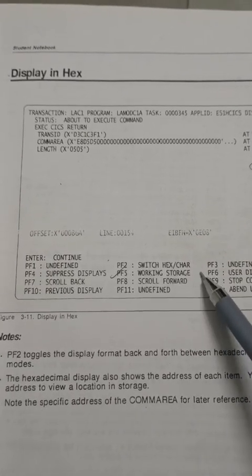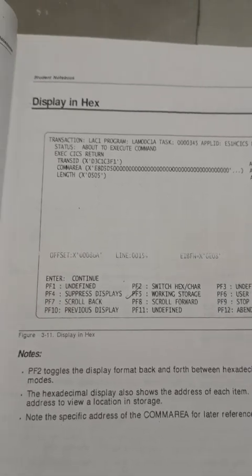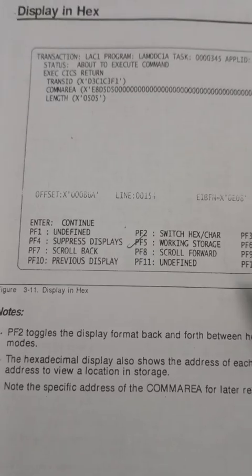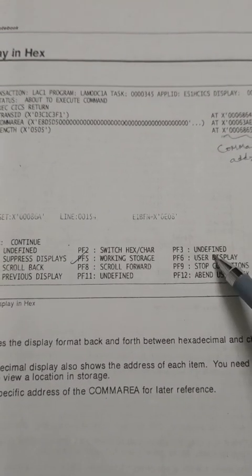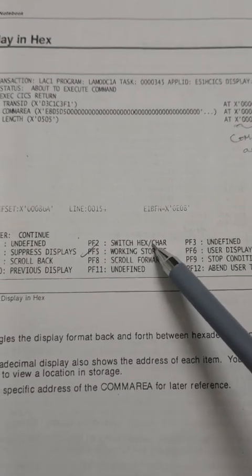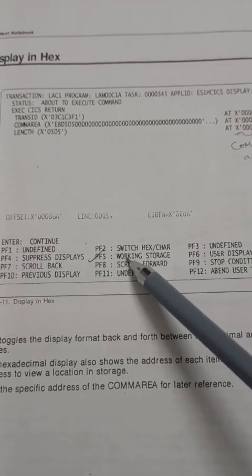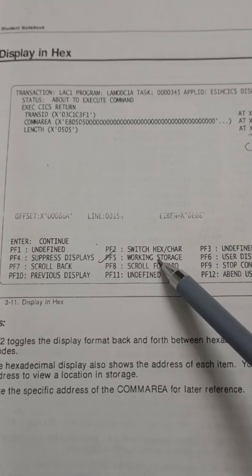Now I want to display the working storage field. Going back to the previous screen, which functional key do I use? Previously I pressed PF2 to display the hexadecimal values of these fields. Now I want to display the working storage field, so press PF5. If you press PF5, you can see the working storage field.